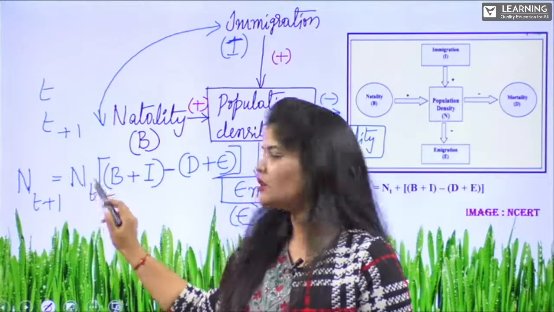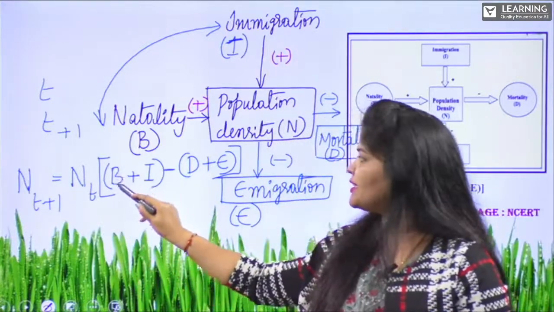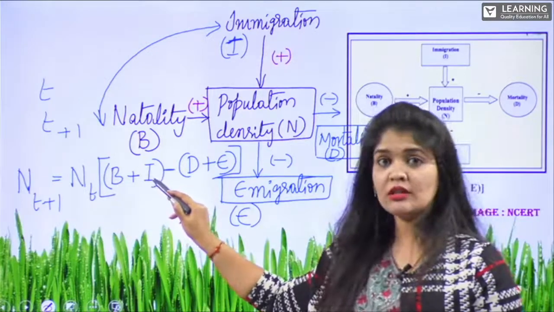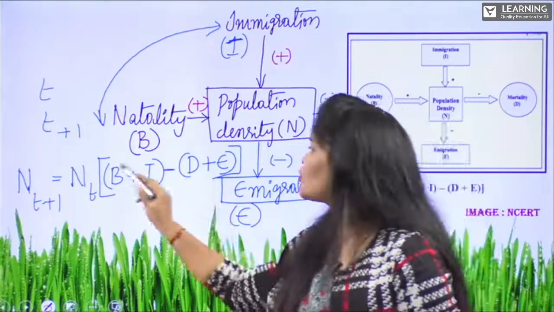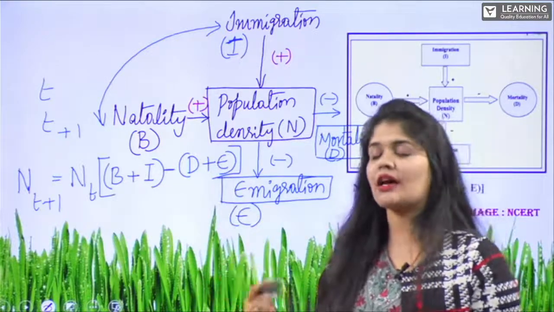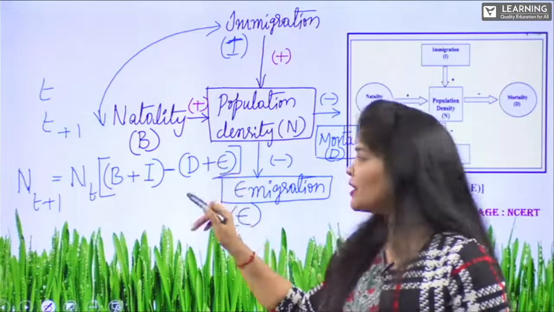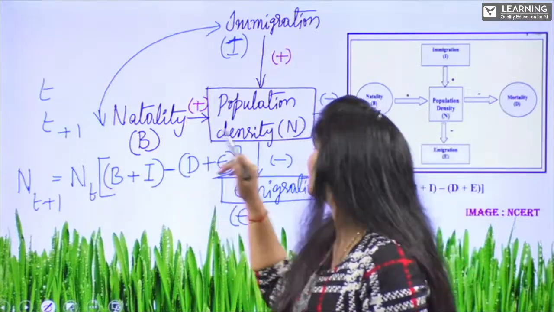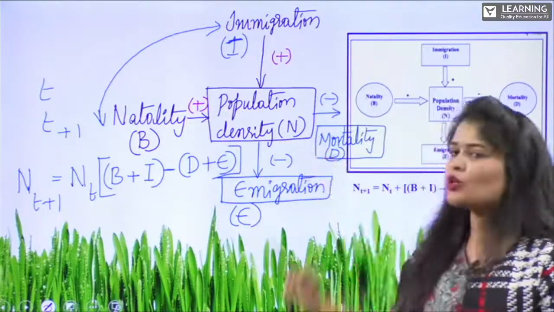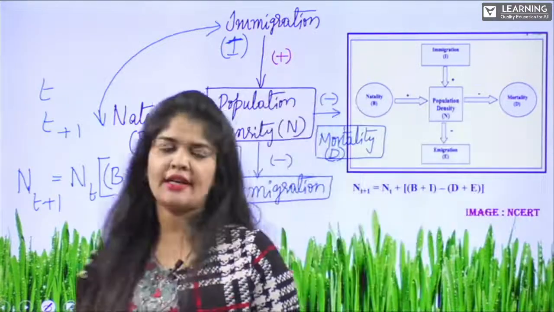Capital N, t, where both the birth, that is natality, and immigration count to increase, therefore we are adding these two. And these other two are contributing to the decrease in the population size, so we have to subtract them. So therefore the equation goes like this.